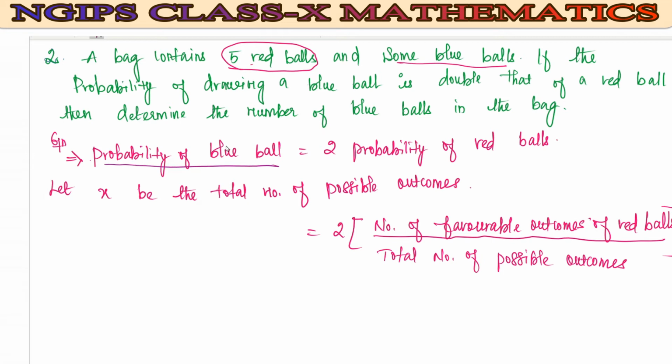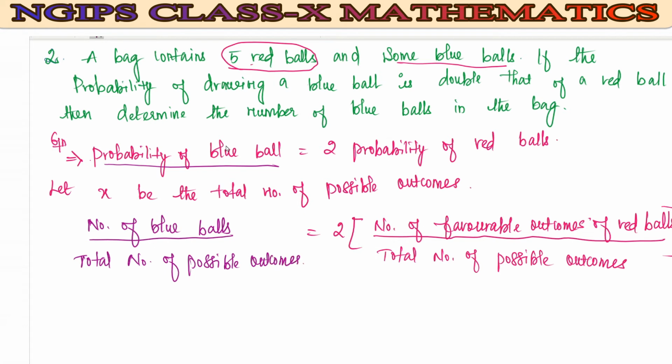So number of blue balls divided by total number of possible outcomes.